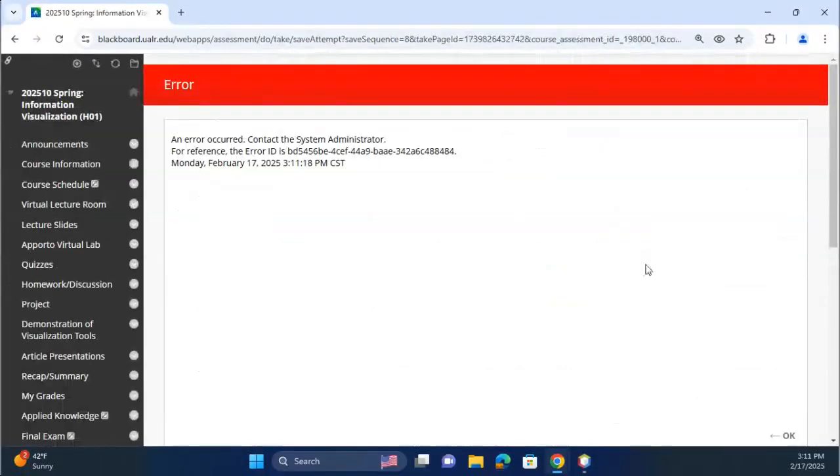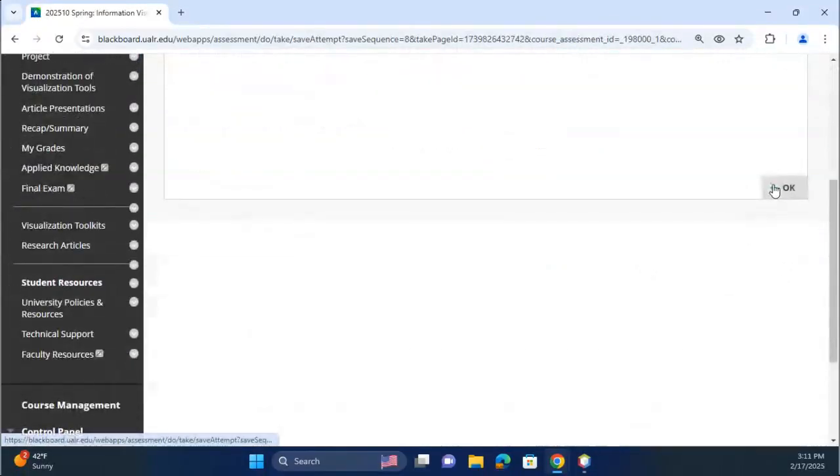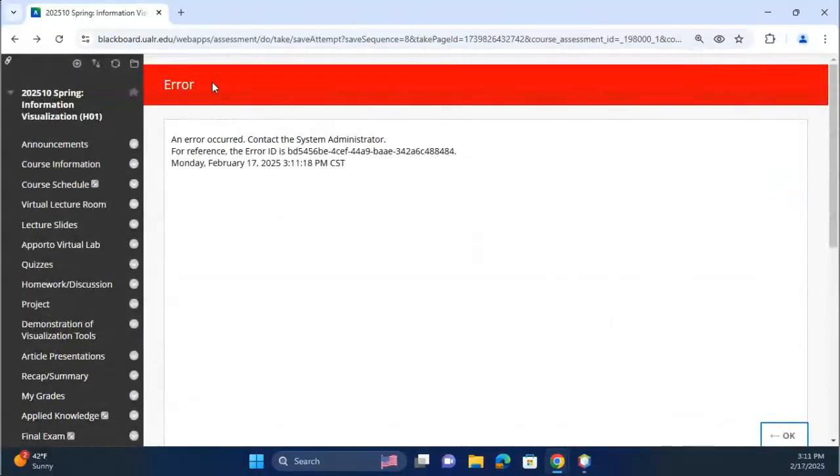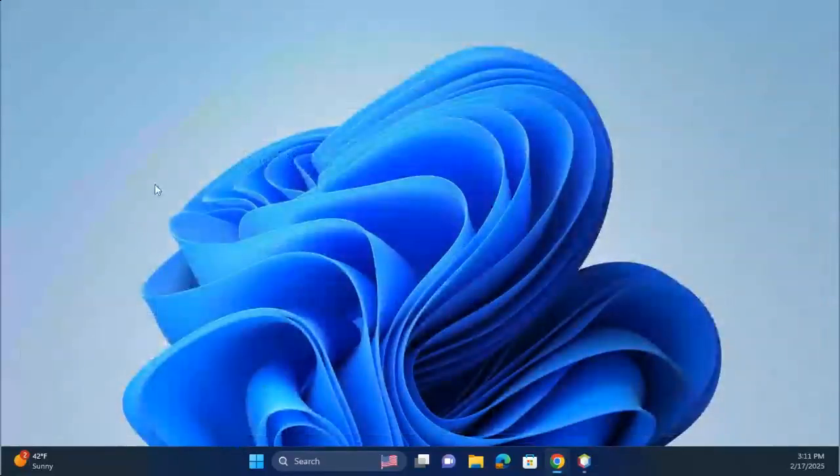Let's see if Blackboard thinks, oh, I ran into this. It seems to be maybe a Firefox issue. I ran into the same issue on my computer today. I switched to Microsoft Edge and it worked flawlessly.